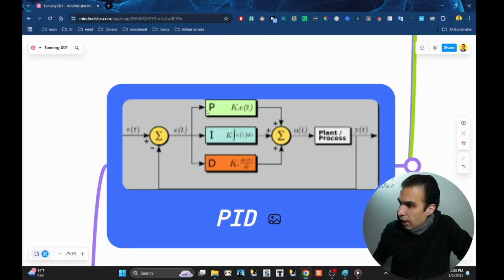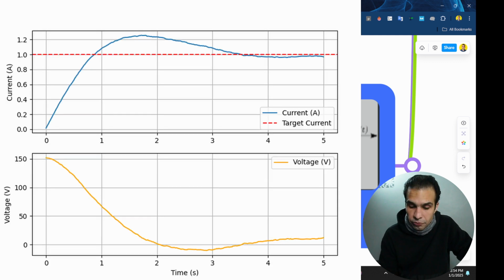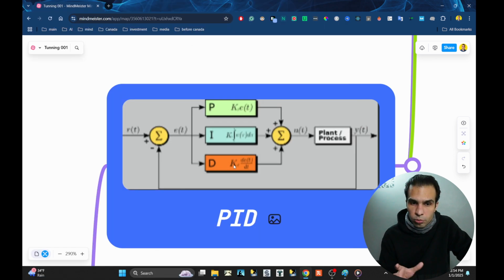And the last thing is the differential. This one was an integral, this one was a proportional, and the last one is a differential. The differential is a rate of change. Imagine that at the beginning you turn the valve immediately and the water suddenly gets too hot. You realize that if you keep this current flow, in the future you will overshoot, and the water will be too hot and you will burn, right?